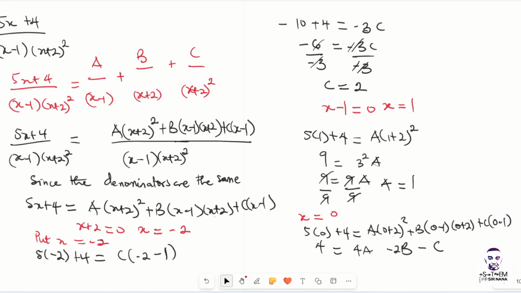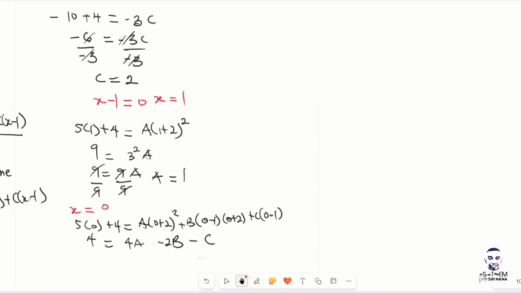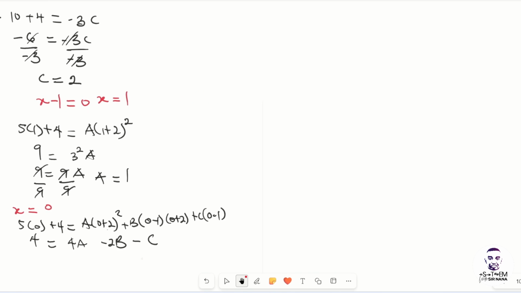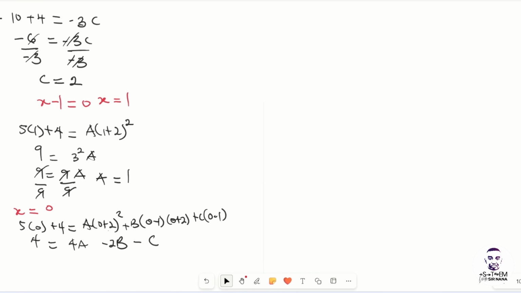for the expression, now we know that our a, so let's move this here. We know that the a part of our question, we got a to be equal to 1, and we know that our c is equal to 2.